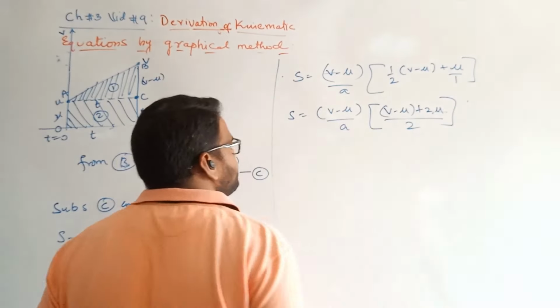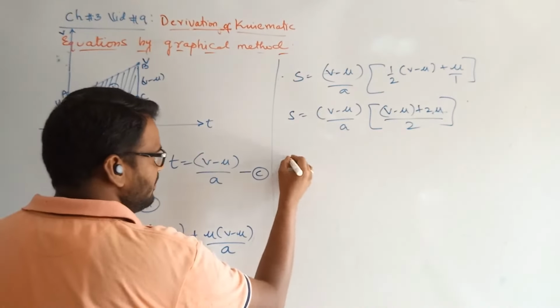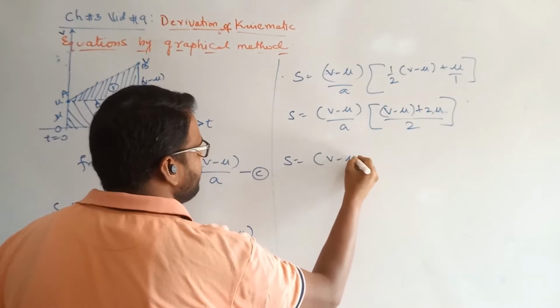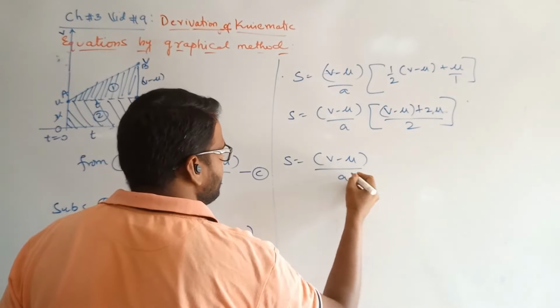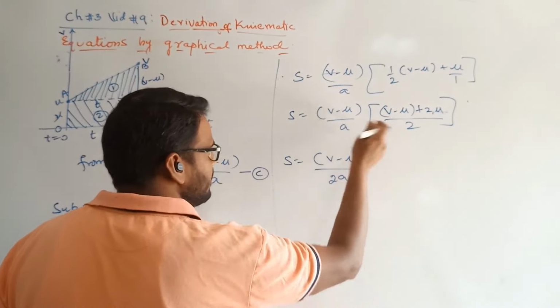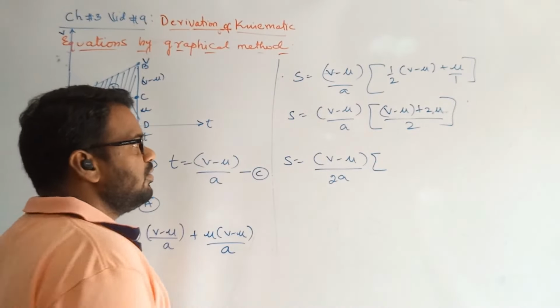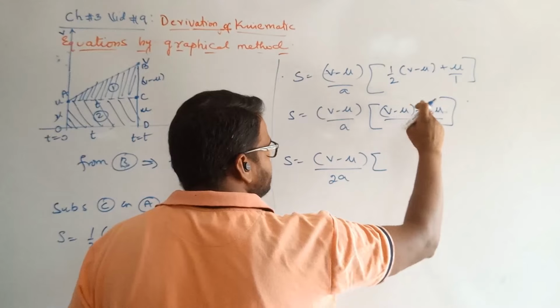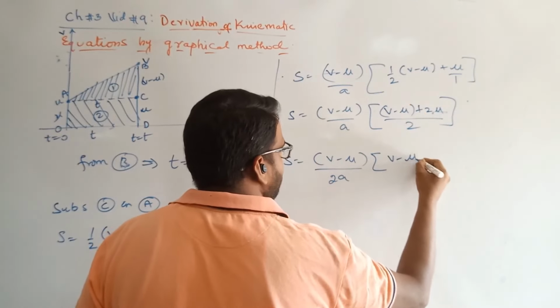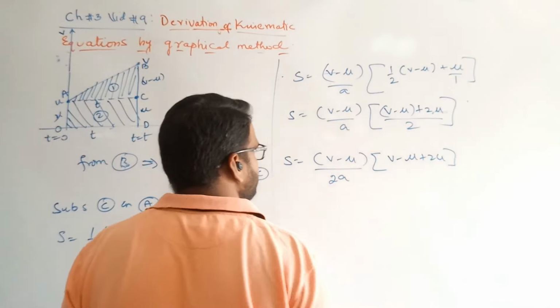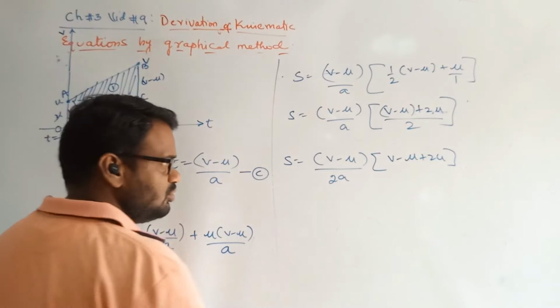Extending further, S is equal to V minus U by A. The 2 can also be taken to this side because both are multiplying, and we are left with V minus U plus 2U.